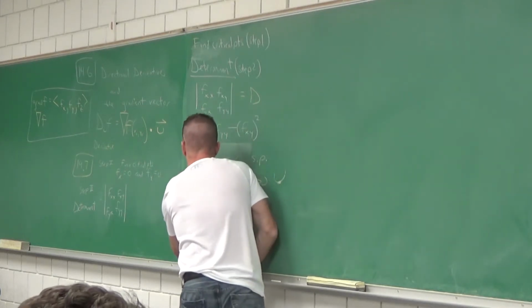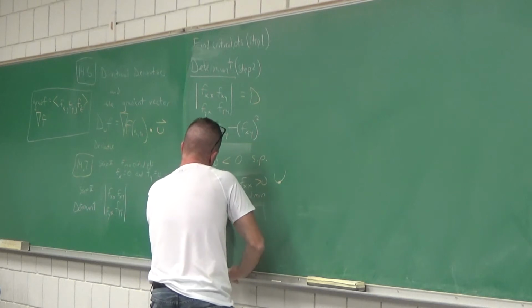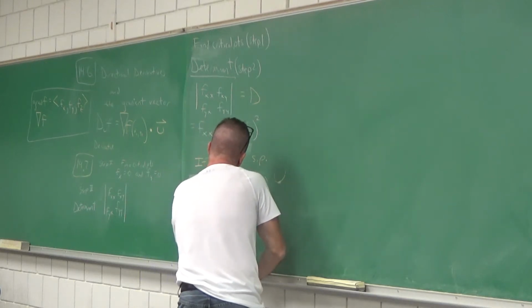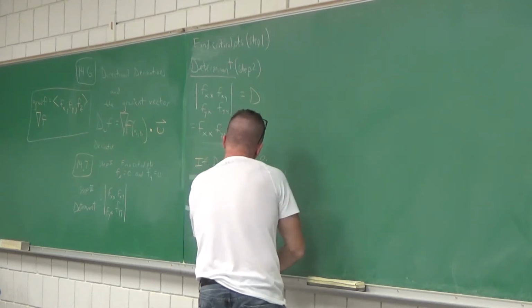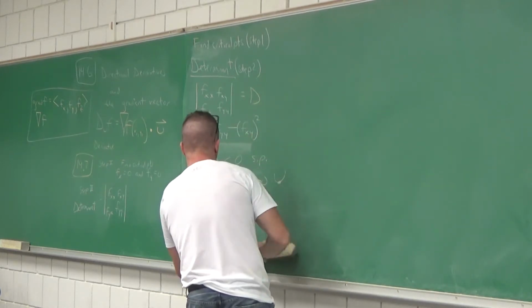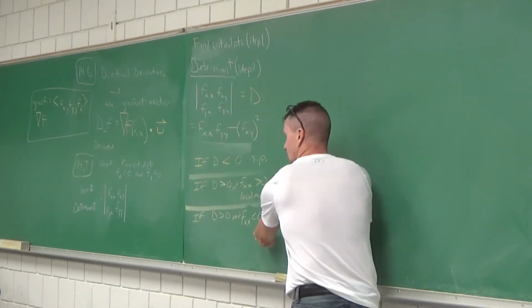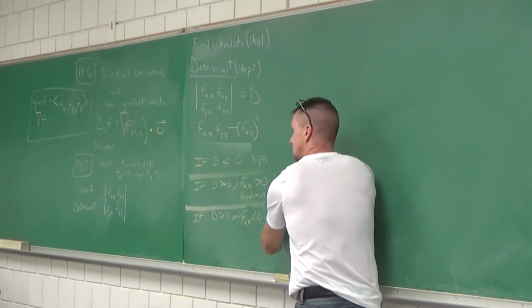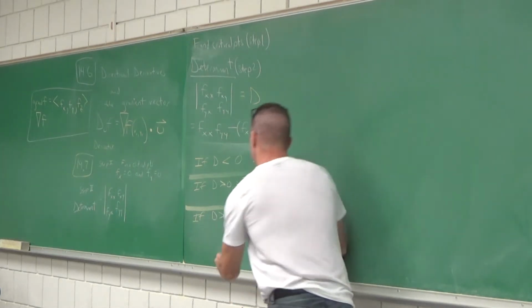Let's do another one. What if your determinant is greater than 0 and fxx is less than 0? What's happening there? Local max. Concave down, second derivative negative, provides a local max.